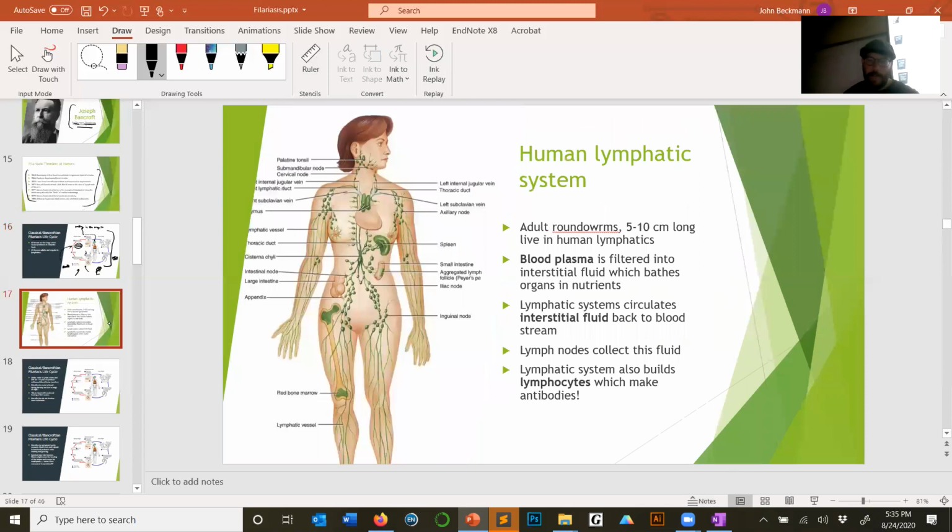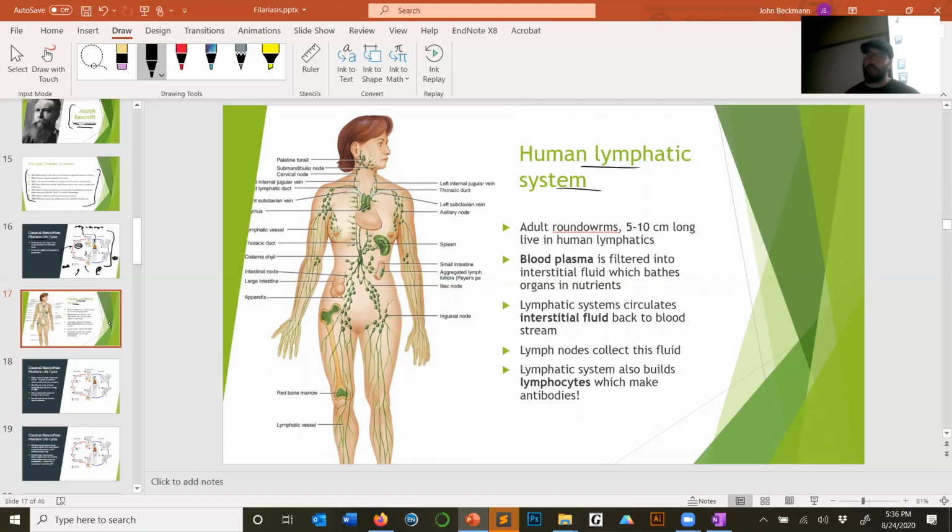In the human body, there's a system called the lymph system. The function of the circulatory system, blood, is to deliver nutrients to the cells of the body. The circulatory system cycles the nutrients in the blood, and the nutrients come out into the extracellular fluid and feed the cells. Once the extracellular fluid has been depleted of nutrients, it needs to be recycled back into the circulatory system.